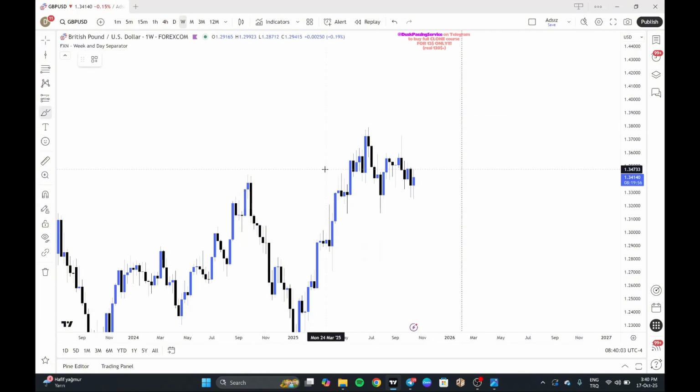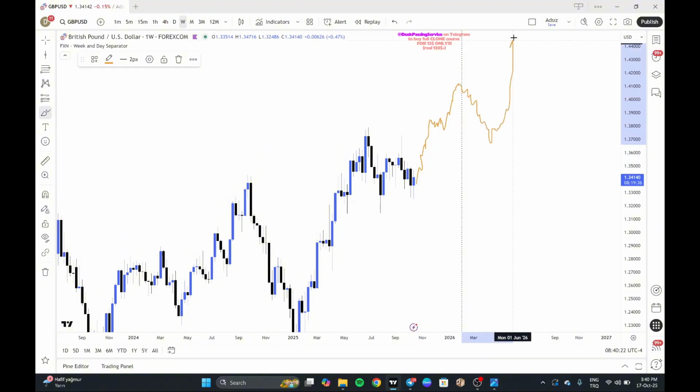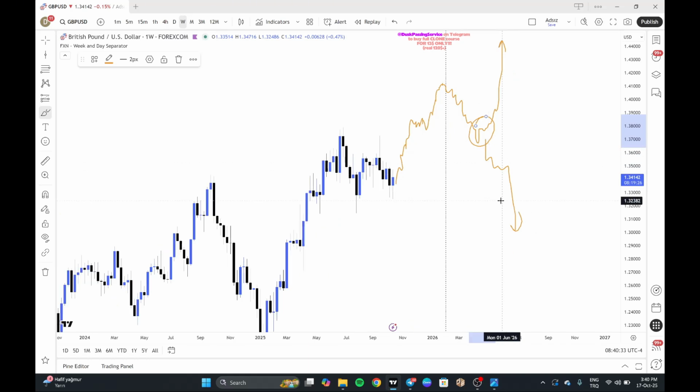Now, what I anticipate is a bullish move for the current market condition. But when the time comes here in February, everything can change, and what you're going to see should be like this, or maybe this, as we approach this time period. Why?